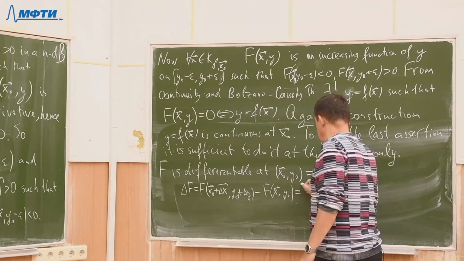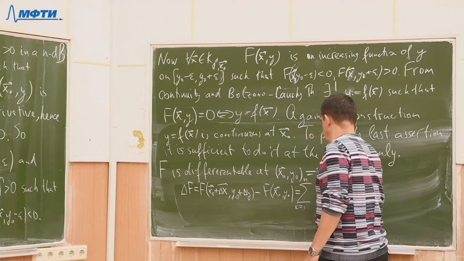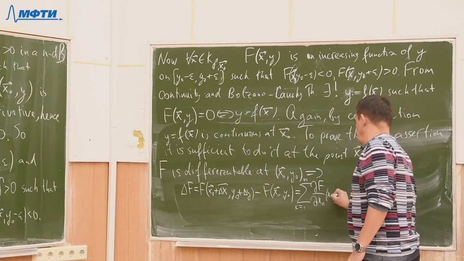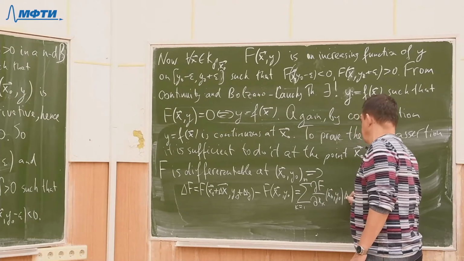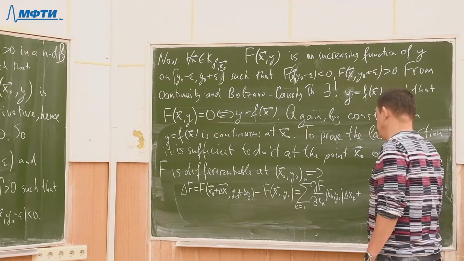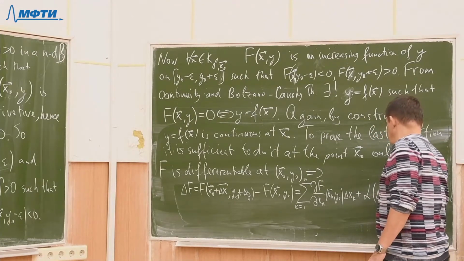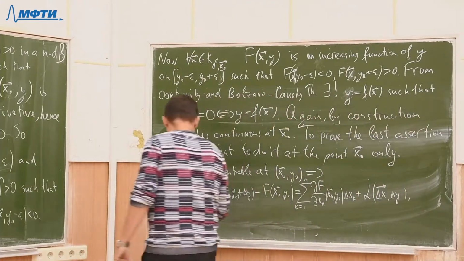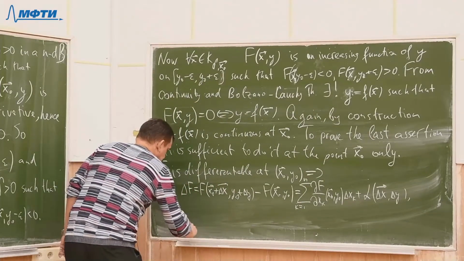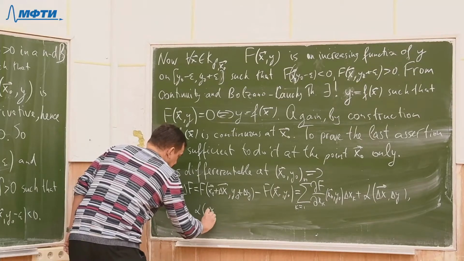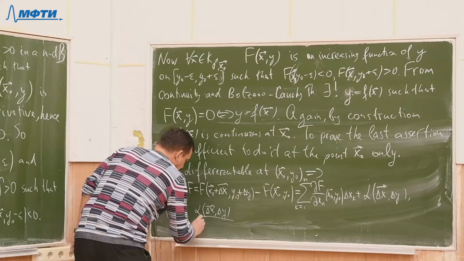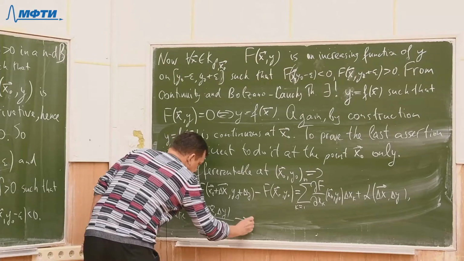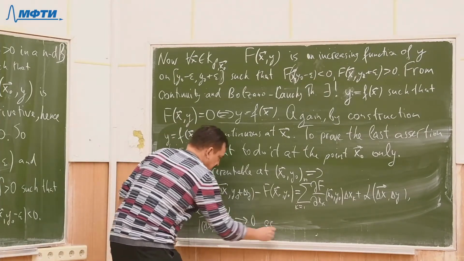In general, we can write the sum for k from 1 up to n of the partial derivative of f with respect to xk at our point times delta xk, plus alpha of delta x, delta y, where alpha of delta x, delta y over the length of this vector tends to 0 as this length tends to 0.